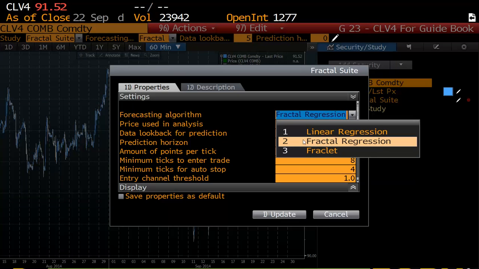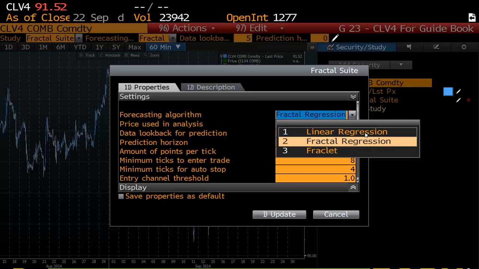The default here of the three predictors that are included in the suite is the fractal regression. Each of these different predictors has different algorithms built inside of it that are used to make their forecasts. Without going into too much technical detail, I'll give you a quick overview of each one. Number one is the linear regression predictor. This is a fairly standard form of forecasting.